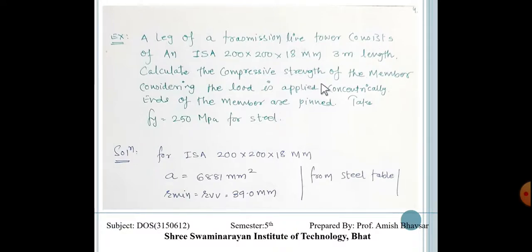Calculate the compressive strength for the member considering load is applied concentrically. Whenever we have this kind of thing, then we can calculate it directly. Ends of the members are pin. Take Fy is equal to 215 megapascal.